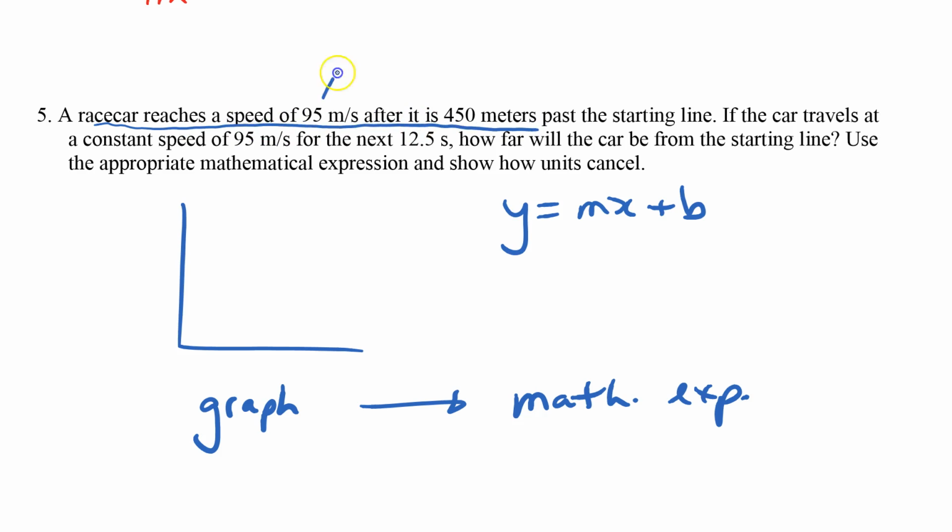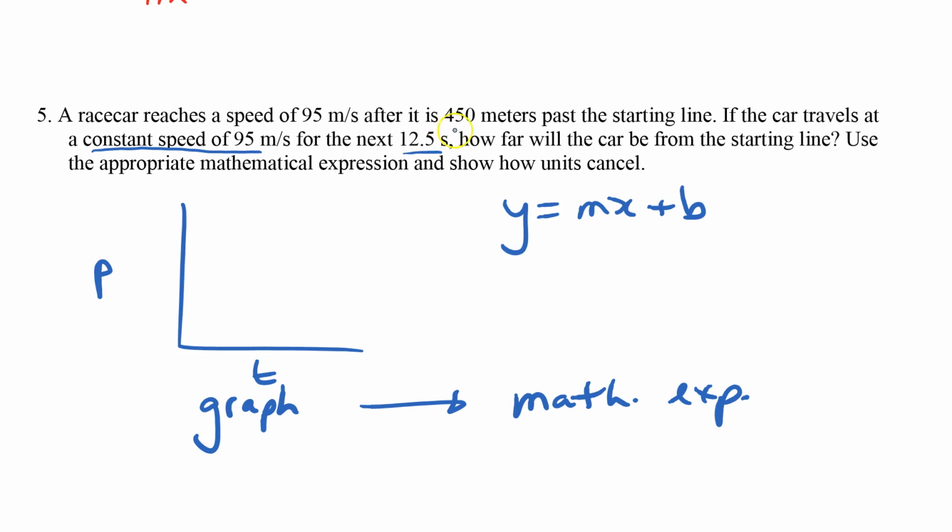This is an interval of time. First it speeds up, reaches 95 meters per second. We don't need that. Once it's gone there, now it's going at a constant speed of 95 for 12.5 seconds. So I'm going to draw a position time graph.